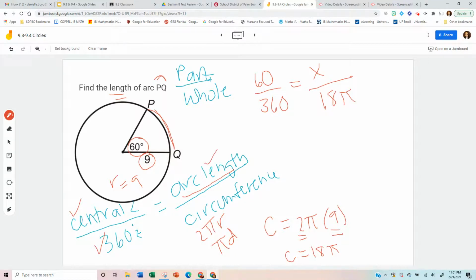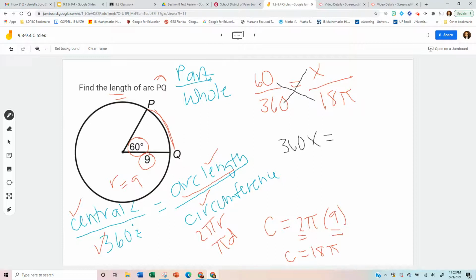Okay, so I got arc length and I got circumference, so now I can go ahead and start solving. Like we did in the previous example, I'm going to cross multiply. Crisscross applesauce. 360 times x is 360x. And then I'm going to do 60 times 18 pi, and I'm going to do just the regular numbers together.